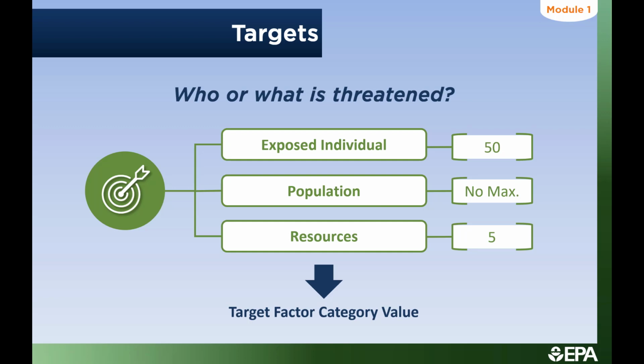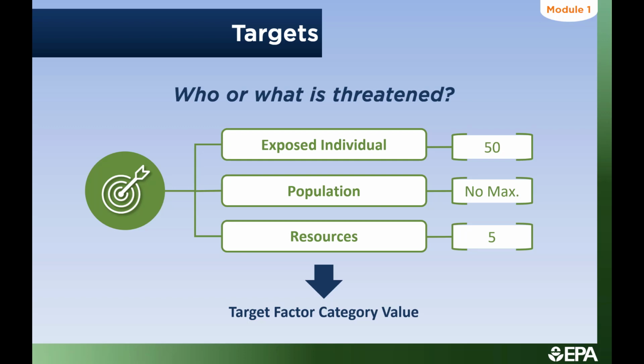The population factor represents the receptors, or those people living, working, or attending school in regularly occupied structures within an AOE or an ASC. There is no maximum value for this factor. This component also evaluates a resources factor. If resources are present at an SSI site, then 5 points are assigned for the factor.